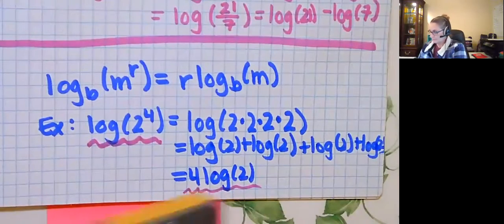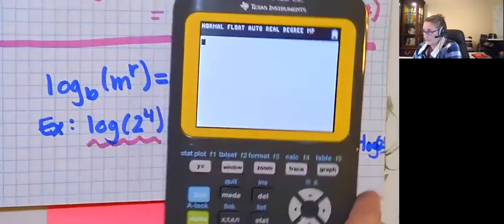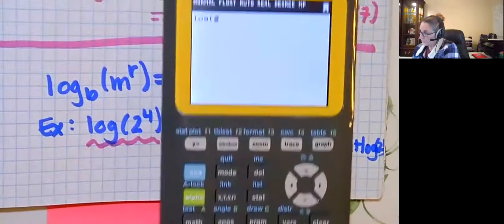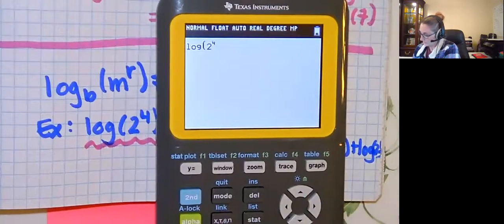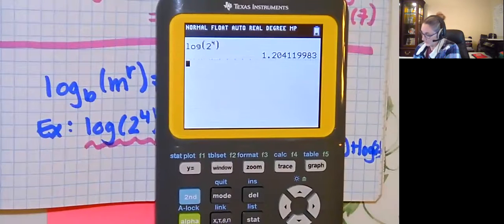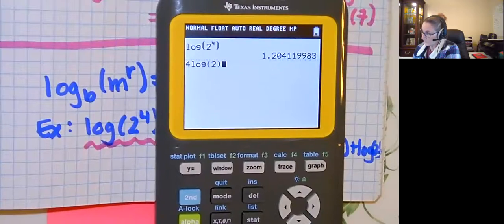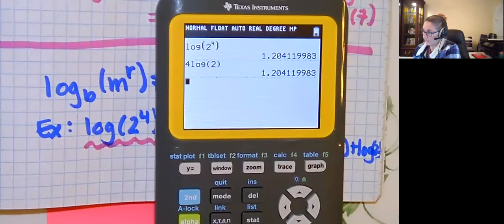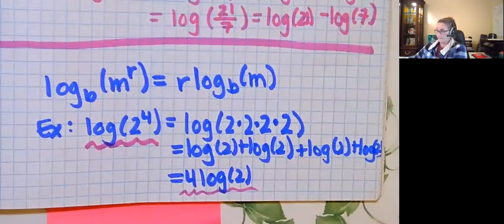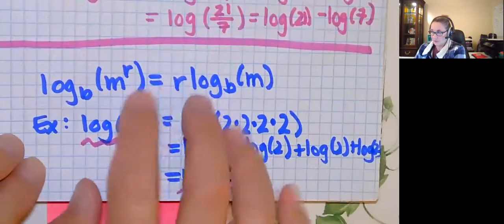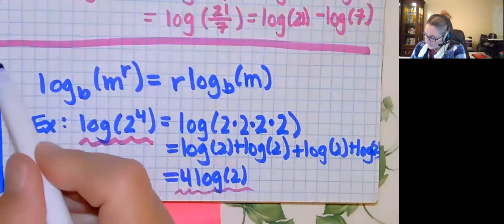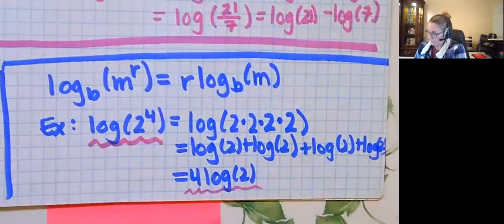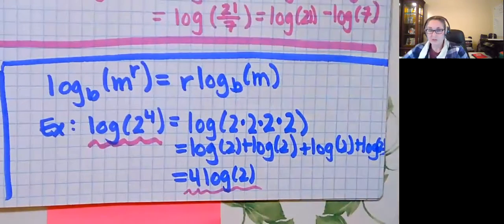And again, if I take log of 2 raised to the 4th, which is really log of 16, okay, and I take 4 times log of 2, you see I get the same thing. Now, this particular property is the one that's going to help us solve exponential equations using logarithms. So let me run through an example like that.